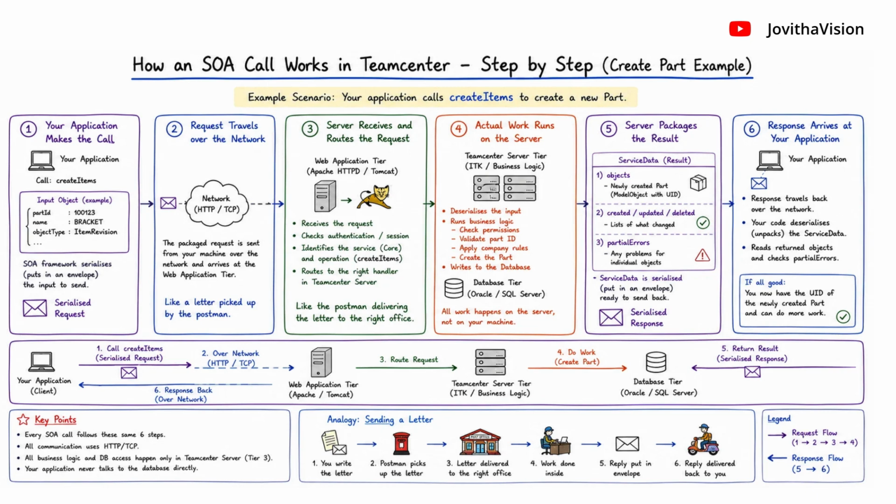The service data travels back over the network to your application. Your code unpacks it, looks at the objects returned, and checks if there were any partial errors. If everything went fine, you now have the UID of the newly created part and you can do more work with it. That is the complete round trip. Every SOA call, no matter how simple or complex, follows these same 6 steps.